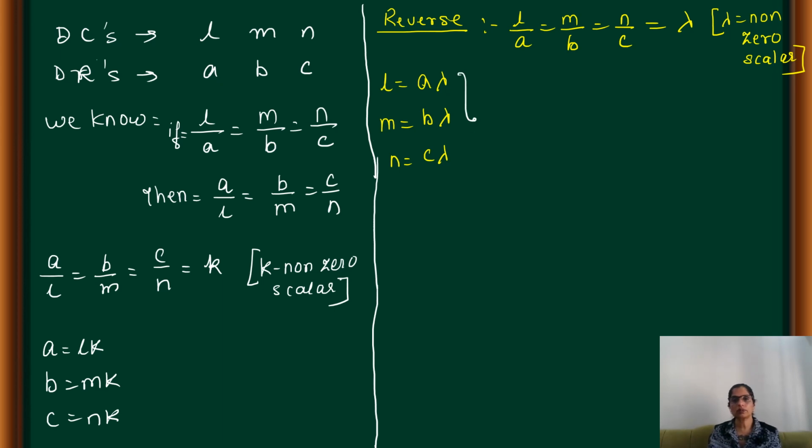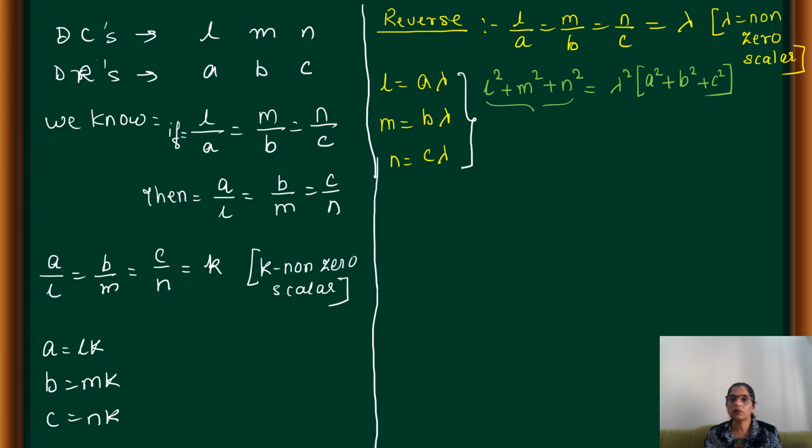So what I'm going to do is take L square plus M square plus N square. What is that equal to? That will be lambda square into bracket A square plus B square plus C square. Perfect. What is this entire value?